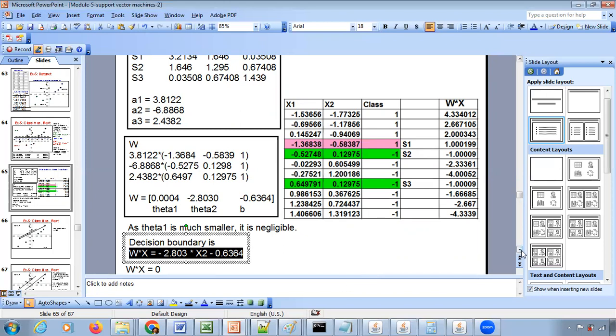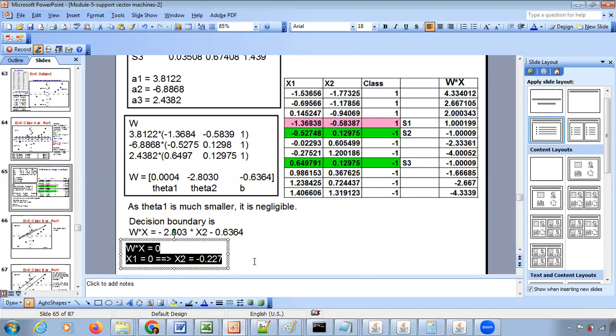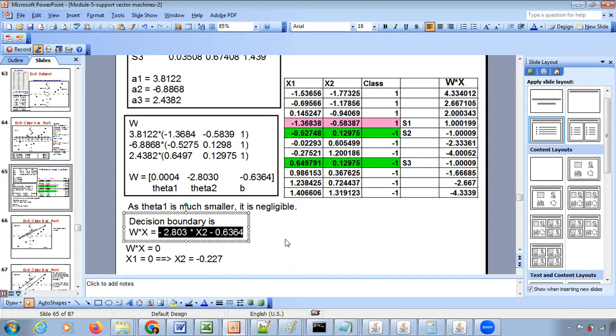So now let us try to fit that decision boundary in the normalized coordinate system by setting w times x equals 0. And actually x1 is 0, but actually there's no x1 term.